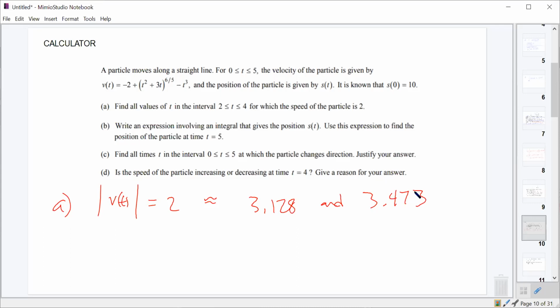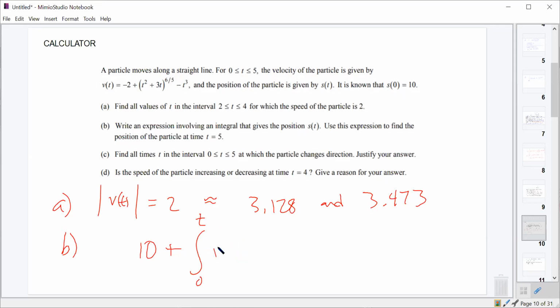Part B, write an expression involving an integral that gives the position, and then we want to use that to find the position at 5. So we know that the position is the initial position plus the displacement, right? So our initial position is 10 plus the integral from 0 to, we'll just say whatever t value we want on the interval 0 to 5, of the velocity function.